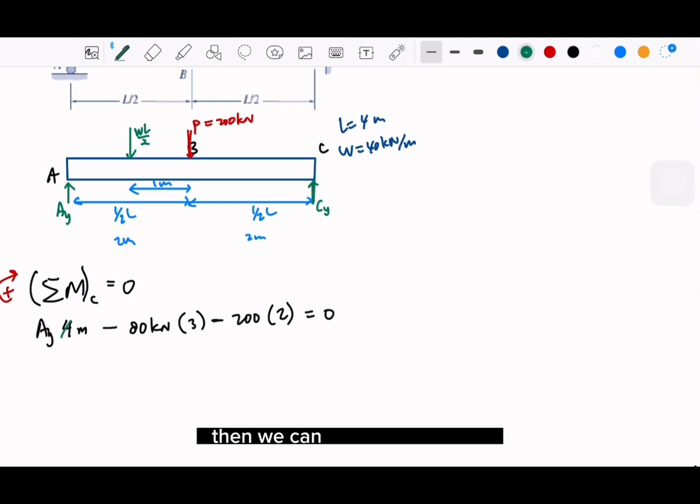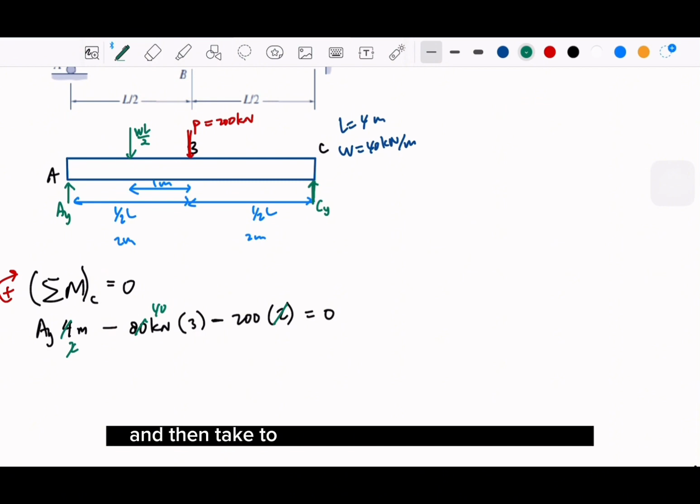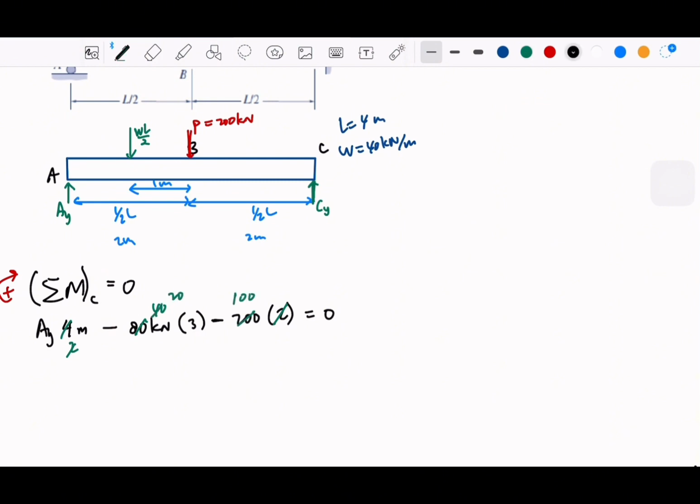Then we can take 2 become 40, 2 become 20, 2 become 100. So 60 is 160, so AY is 160 kilonewton.